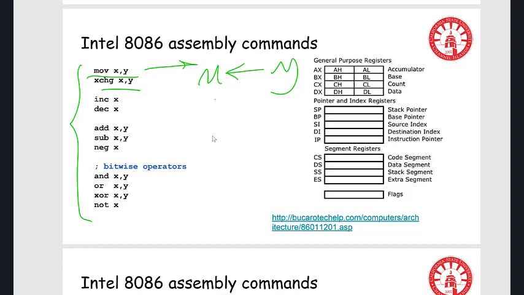Increment and decrement are similar to the C instructions. Basically, you increase or decrease the value of register X by 1.